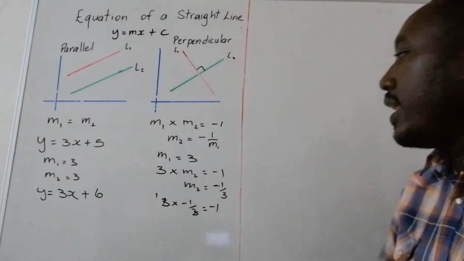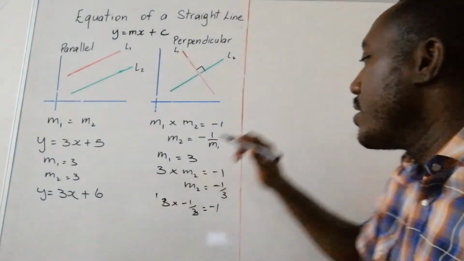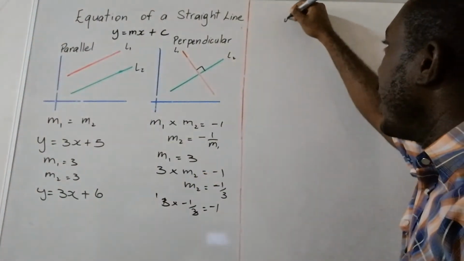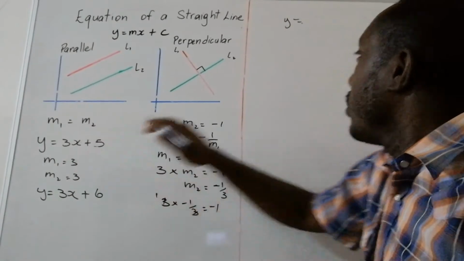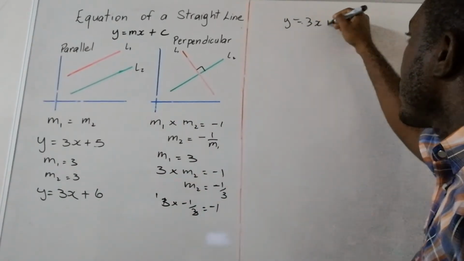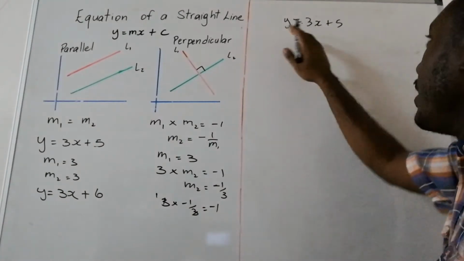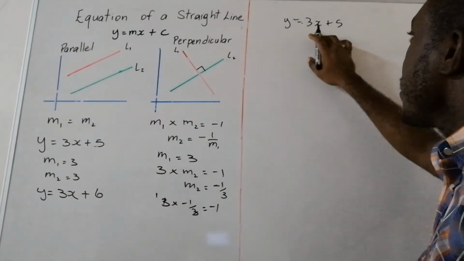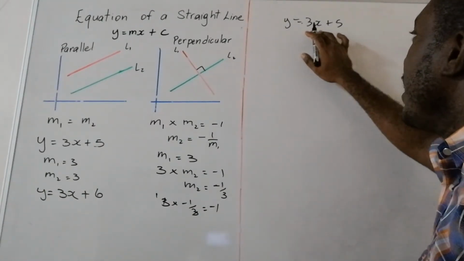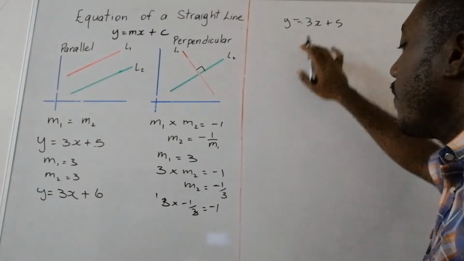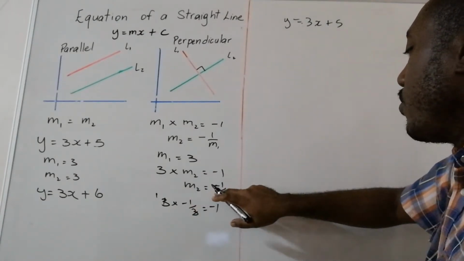All right? So let's use this equation, y is equal to 3x plus 5. If we want a line perpendicular to this, since this gradient is 3, the gradient of the perpendicular line will be -1/3.